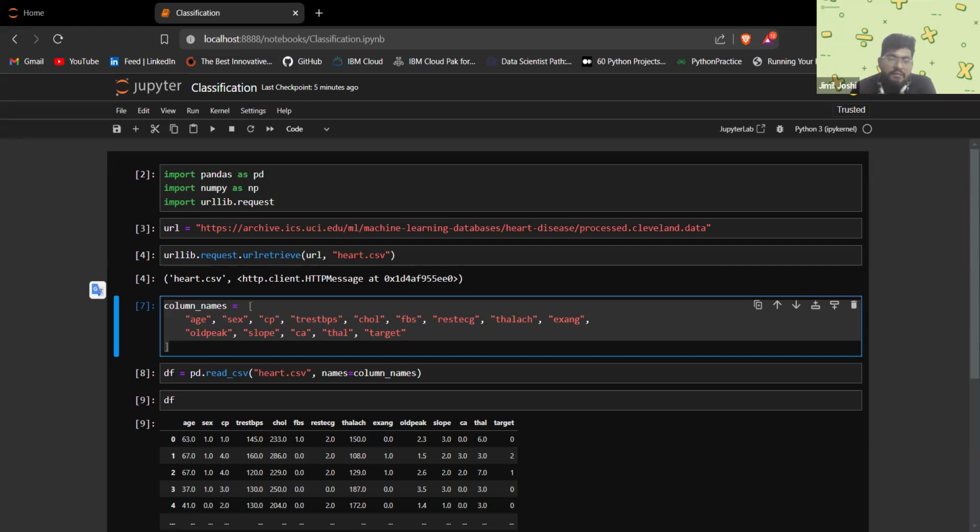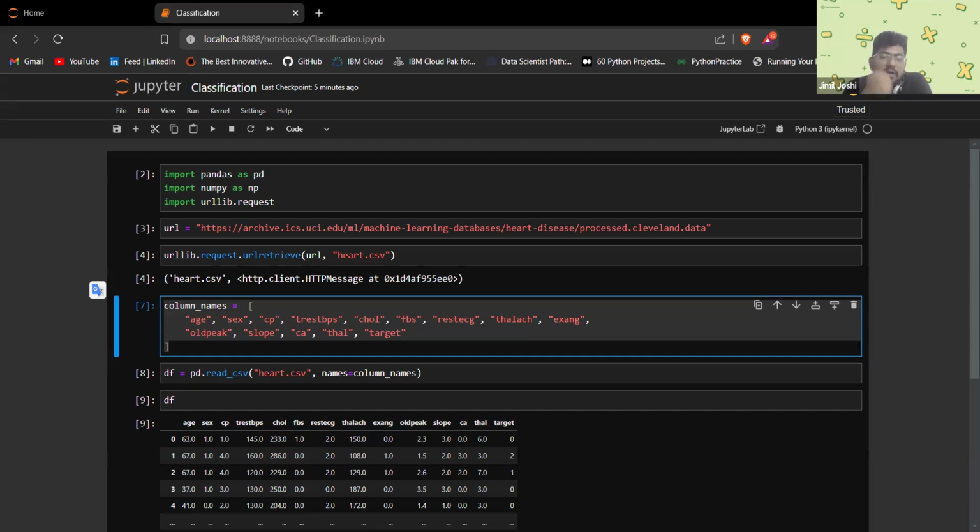Okay, then we have thalach. Thalach is basically the maximum heart rate achieved during exercise or stress testing. So what is the maximum heart rate the person has? That's the information we are getting here.